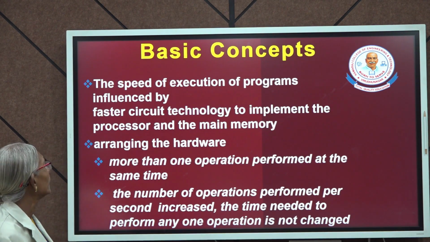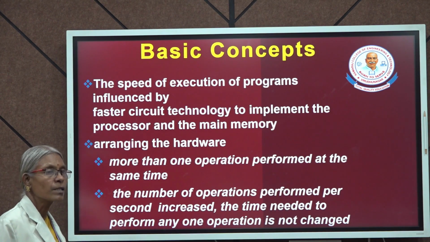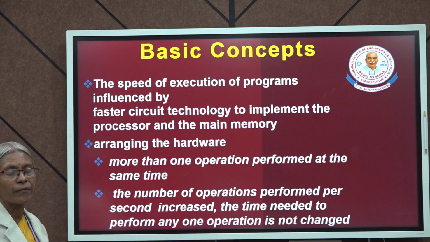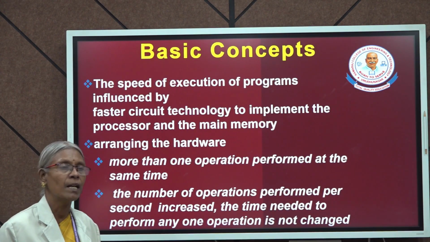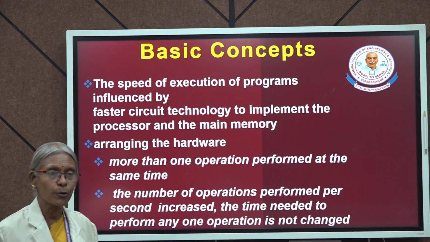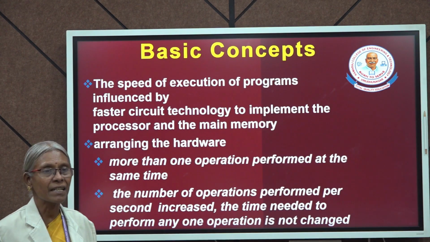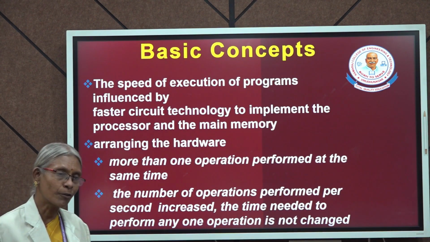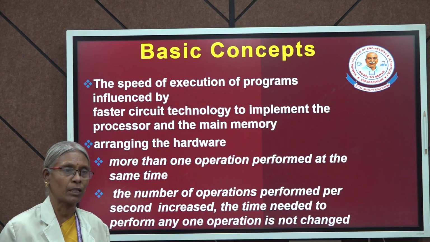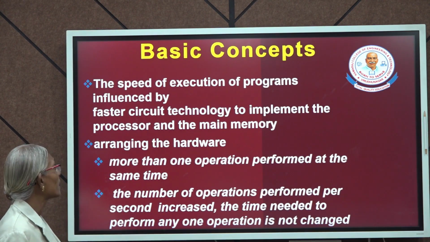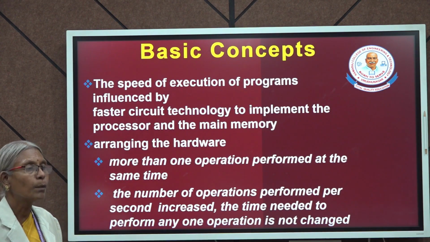Let us look at the basic idea. Usually the speed of the computing system, that is the speed at which the execution of programs is carried out, depends on faster circuit technology. Of course, faster circuit technology is used to implement the processor and the main memory.